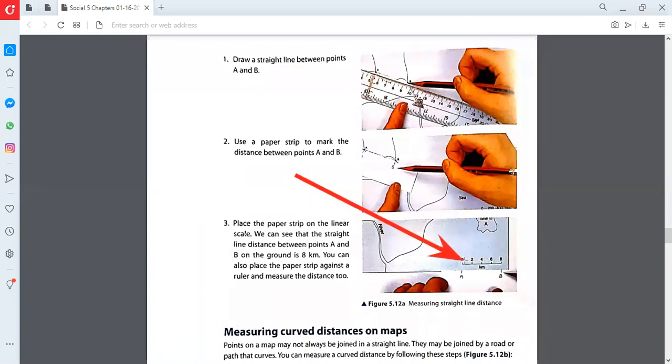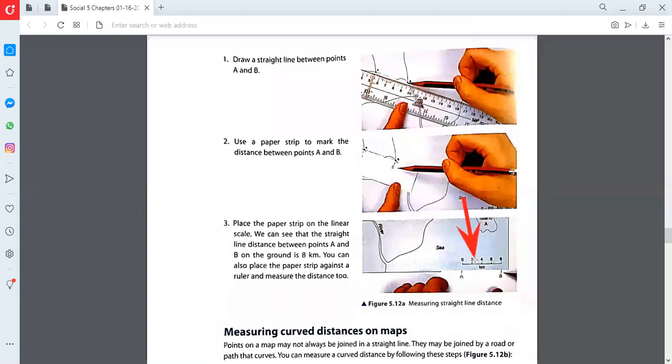They are saying that this 1 centimeter distance is equal to 2 kilometers. So you are comparing A to B. The total distance which you are comparing on your paper strip to the scale equals 8 kilometers, because 1 centimeter equals 2 kilometers in real.